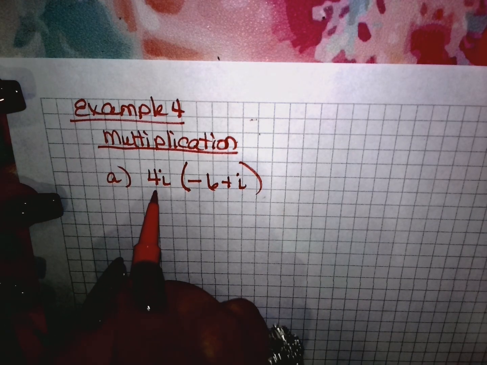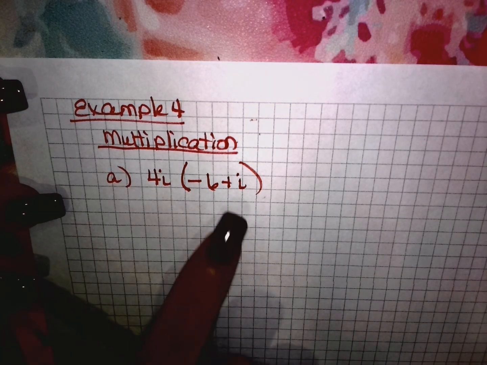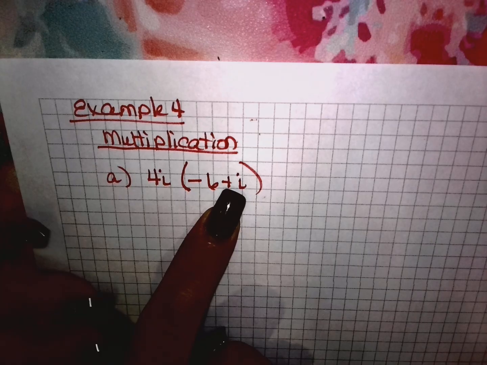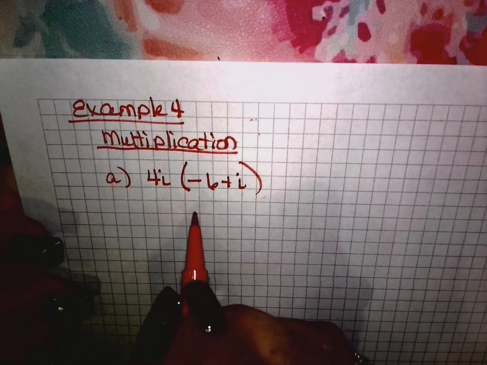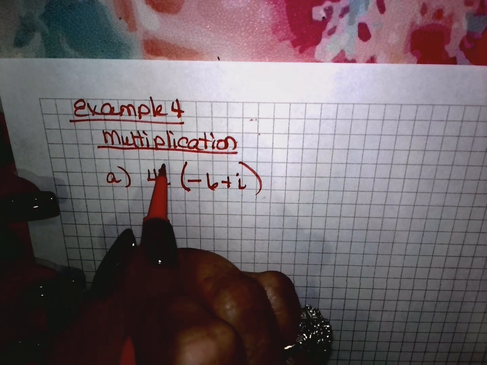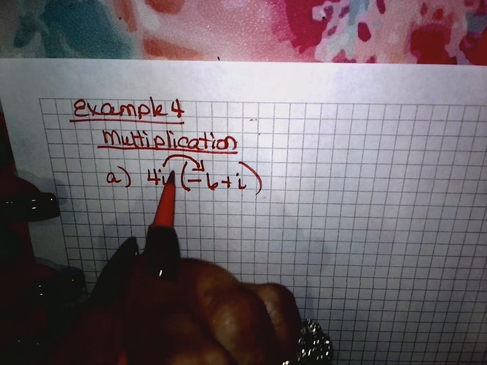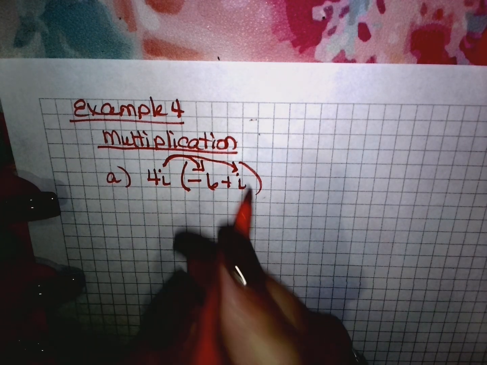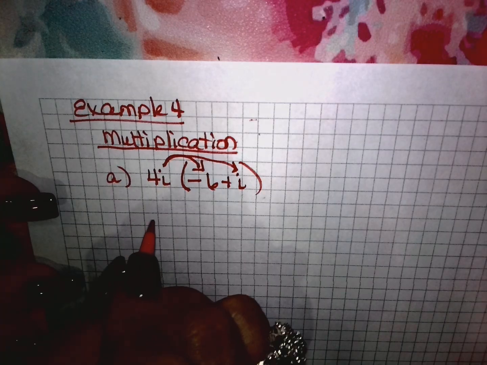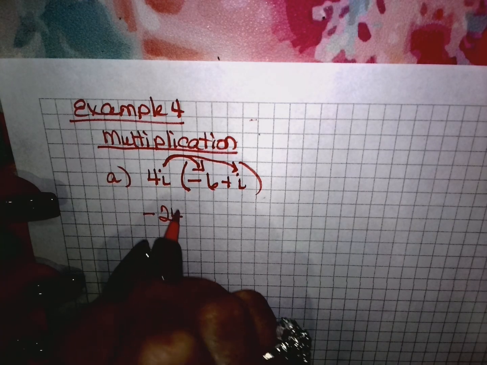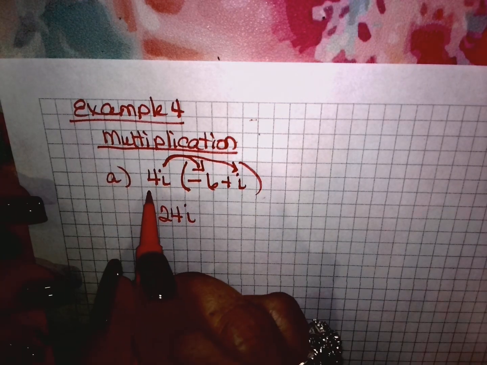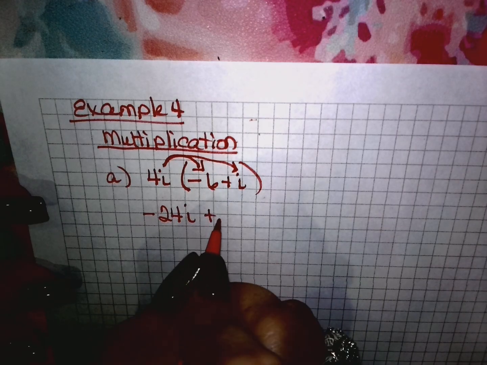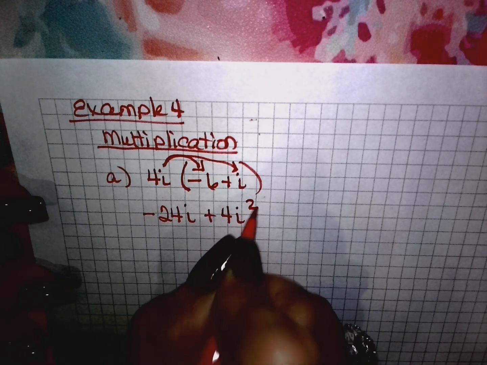So here I have a pure imaginary number times a complex number. You're going to treat the i's as if they were variables. So you're going to multiply this by this, you're going to distribute, and then distribute it with that. So 4i times negative 6 is negative 24i. 4i times i is 4i squared.